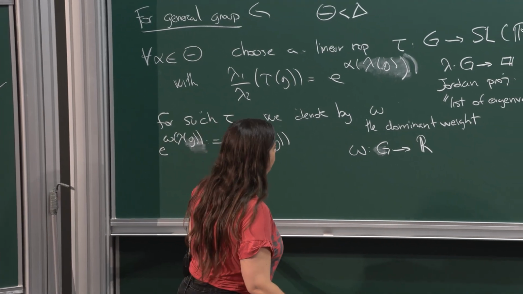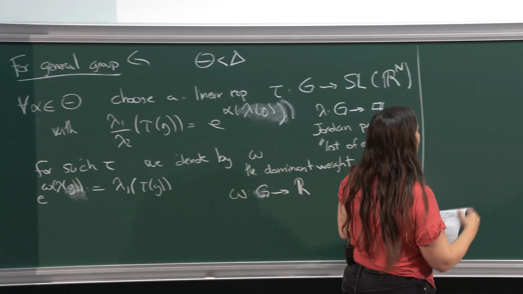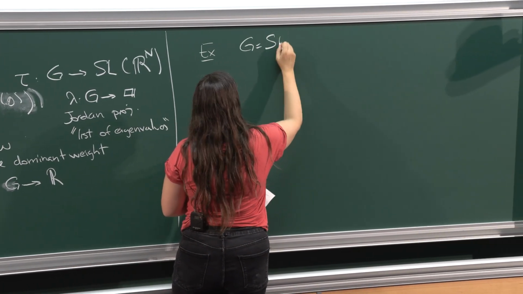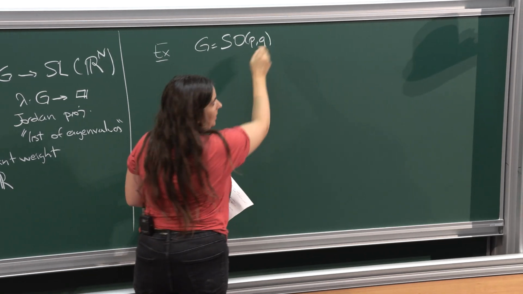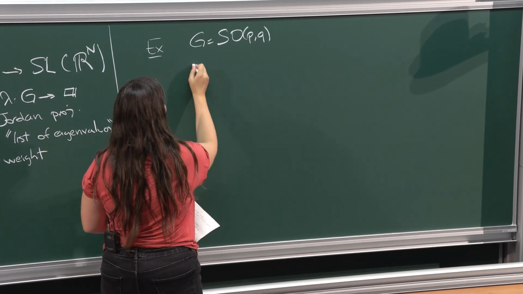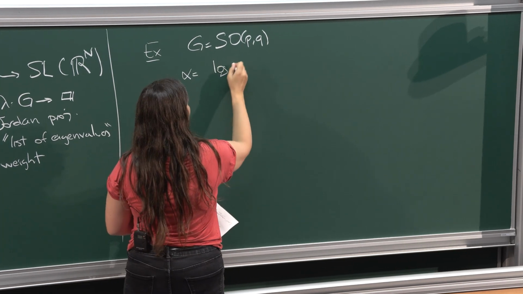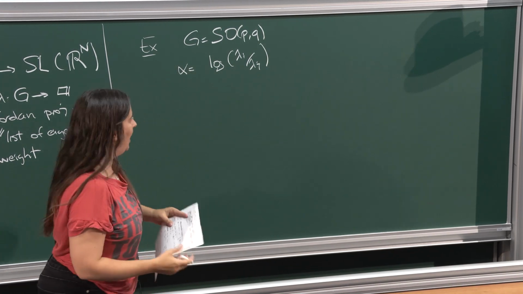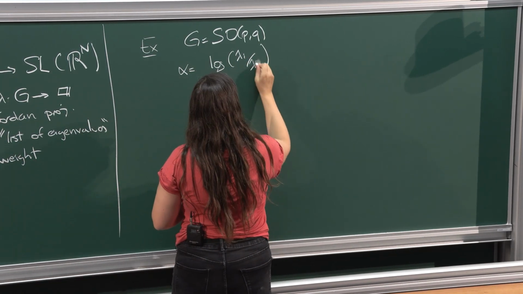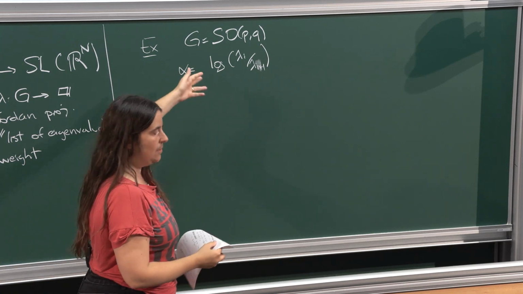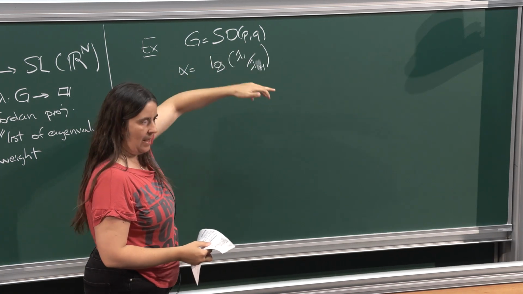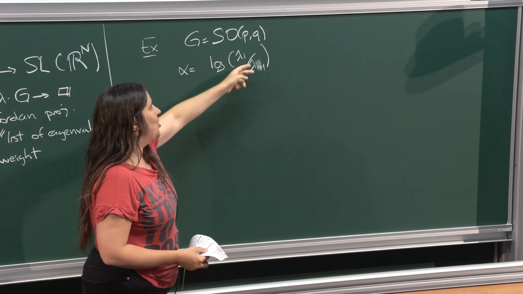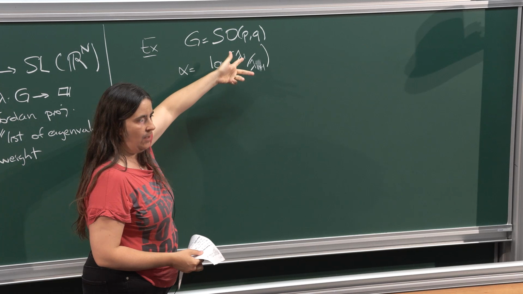Let me give an example to be concrete. For example, if G is SO(p,q), then the possible alpha are log of lambda i over lambda i plus 1. I have my matrix in SO(p,q), I have some eigenvalues, and the roots are all of the form logs of ratios of consecutive eigenvalues.